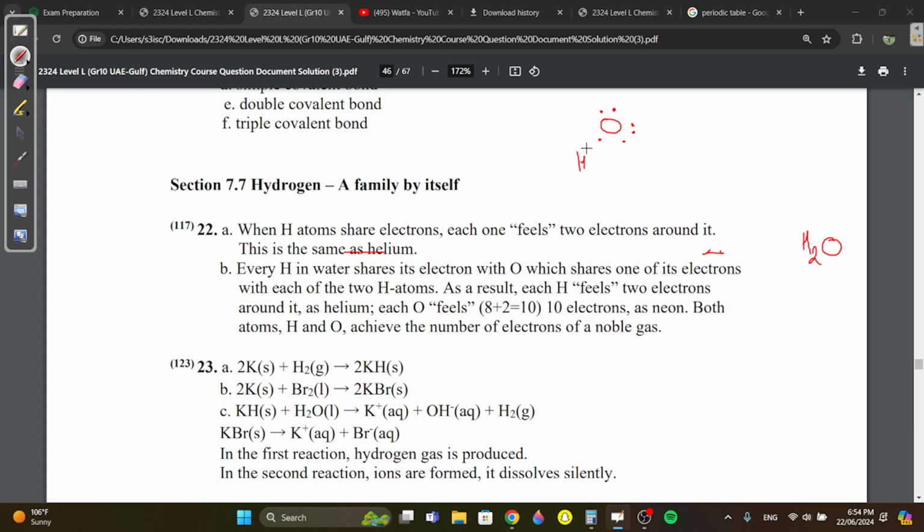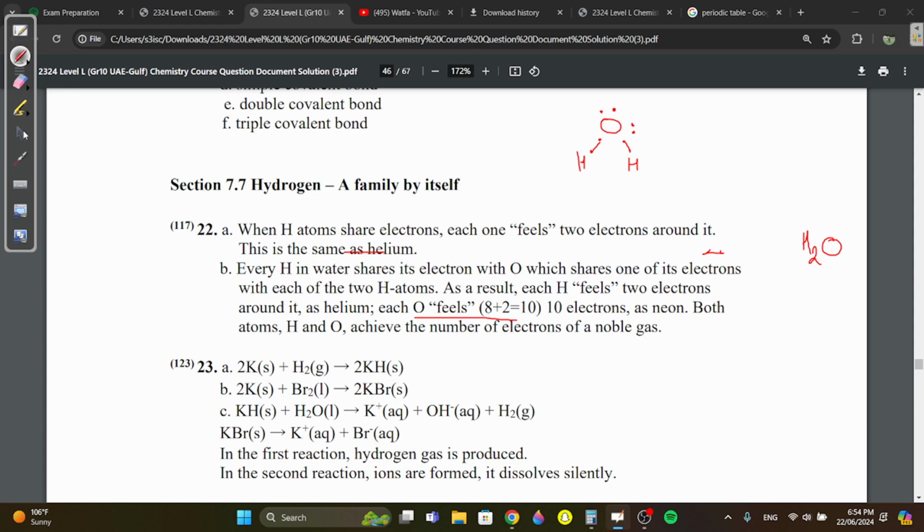You have hydrogen over here, which has 1, and this hydrogen over here. Oxygen now feels like it has 8 because it's 1 from this hydrogen, 1 from this hydrogen, and 6 from itself. Each hydrogen feels 2 electrons around it, right?